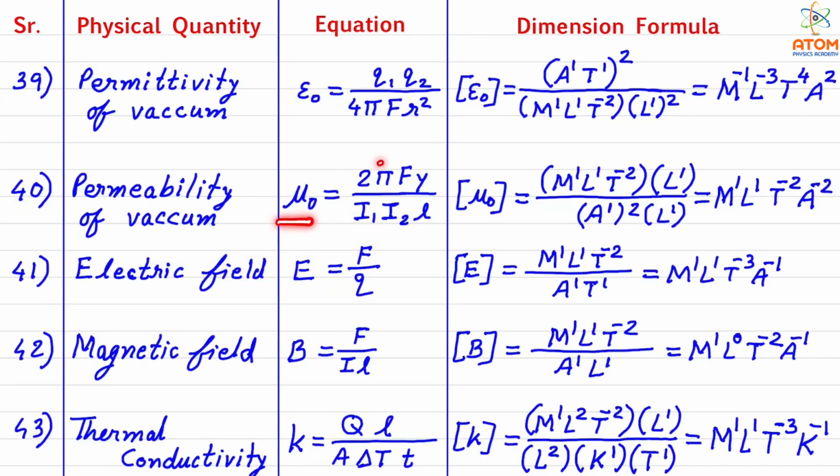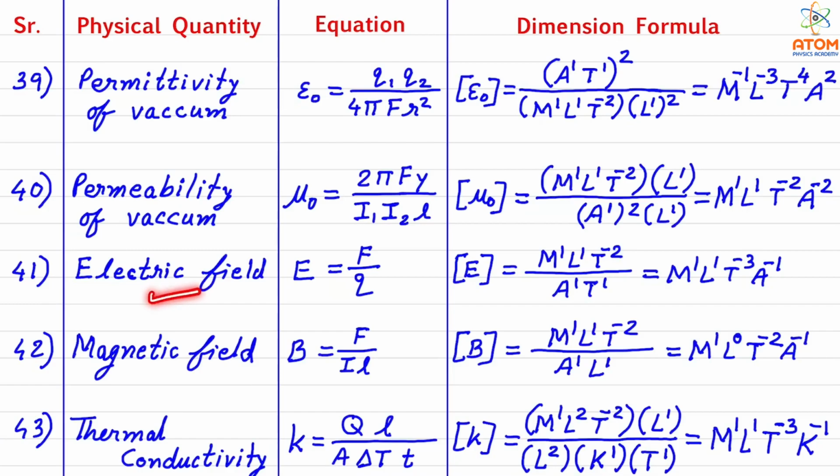Mu 0 is equal to 2 pi F y upon I1 I2 L. And so the dimension formula will be, for force the dimension formula will be M1 L1 T minus 2. For y, that is distance, it is L1. For current I1 and I2, it is A1 raised to square, and then for length it is L1. Solving all of them, you will get M1 L1 T minus 2 A minus 2.